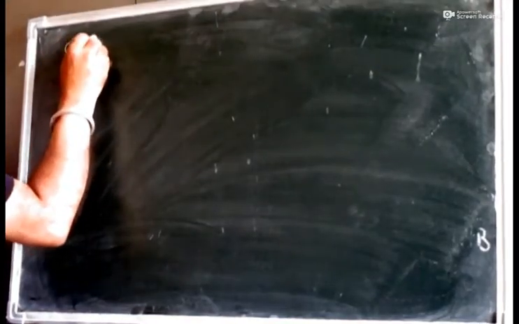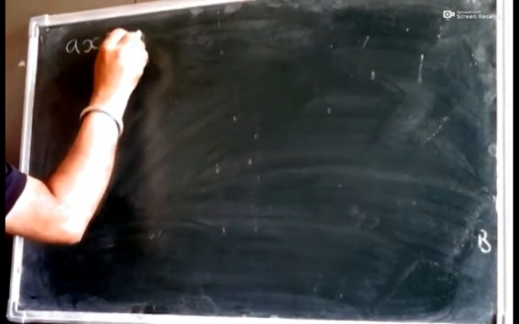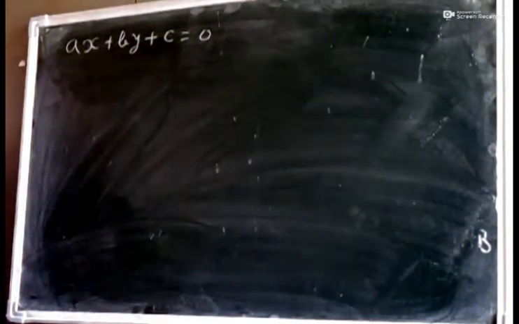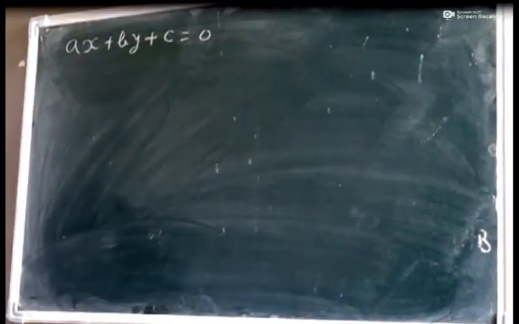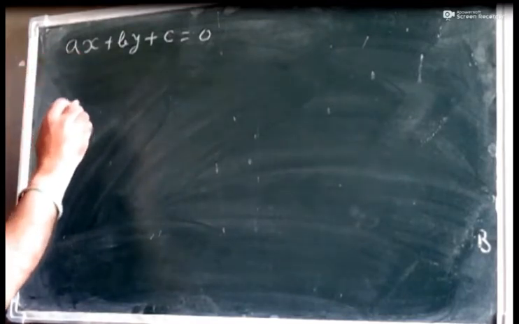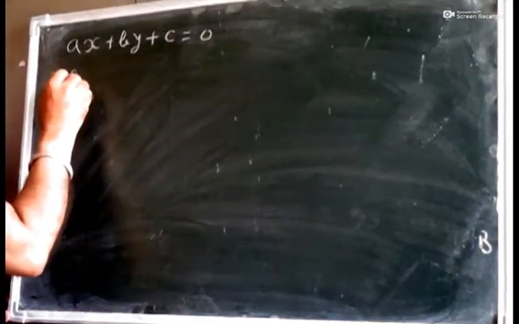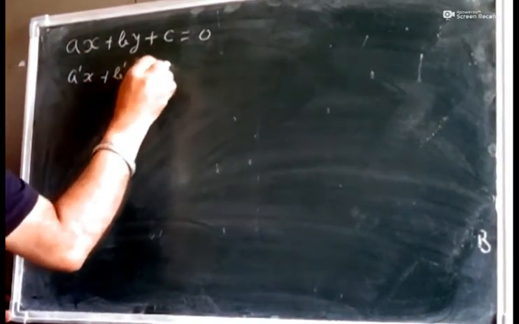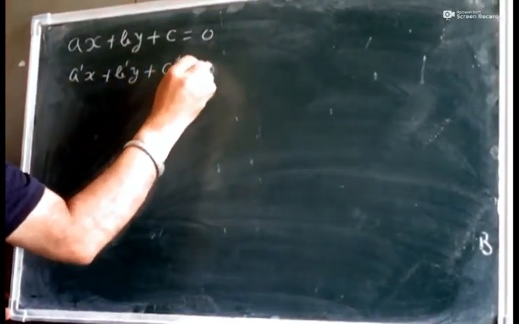We already know that linear equation ax plus by plus c equal to 0 represents straight lines. Suppose we have two such equations. One is this and another is a dash x plus b dash y plus c dash equal to 0.